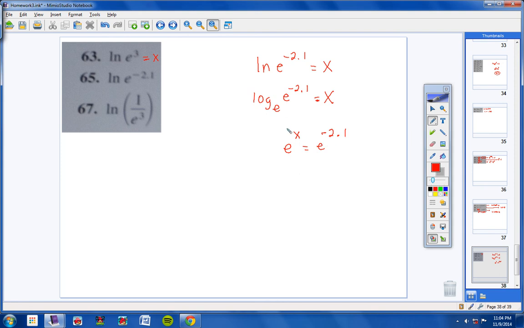There we go. This e here went right here. This x went right here. And this argument, what you're taking the logarithm of, goes over here all by itself. Okay? And now look. X equals negative 2.1. Okay? Alright, last one here.